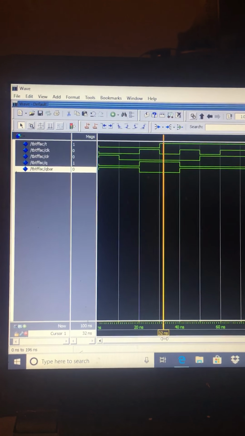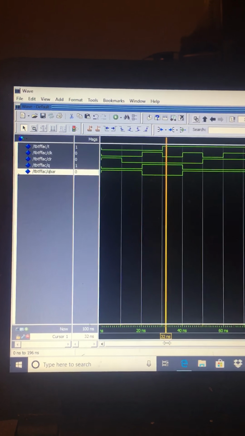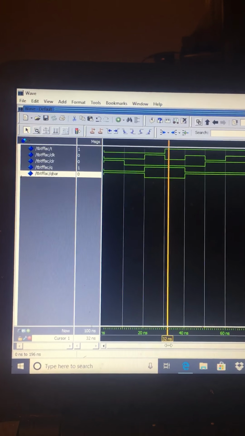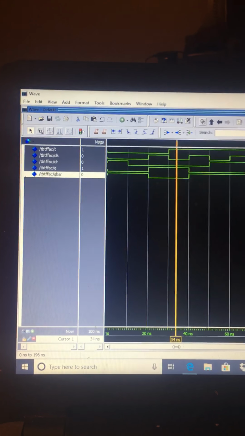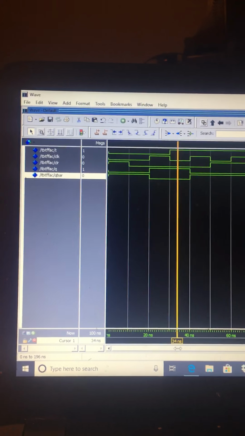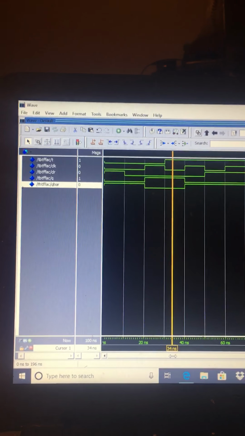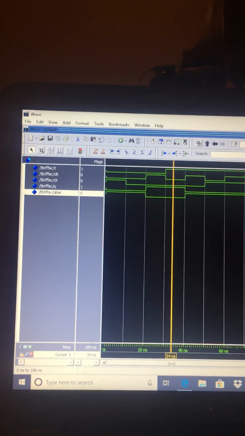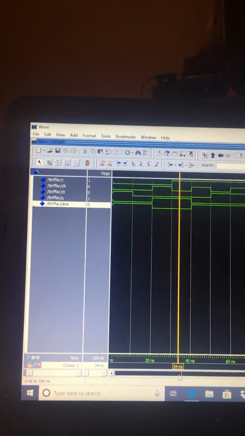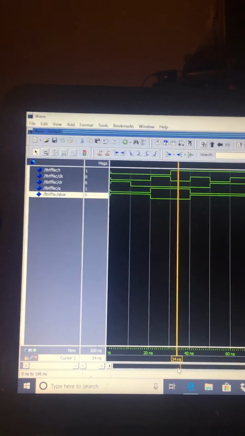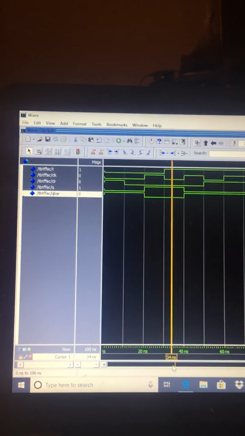Next, you have T is equal to 1, clock is equal to 0, clear is equal to 0, and because of the fact that the clock is disabled, the values hold for Q and Q bar at 1 and 0.